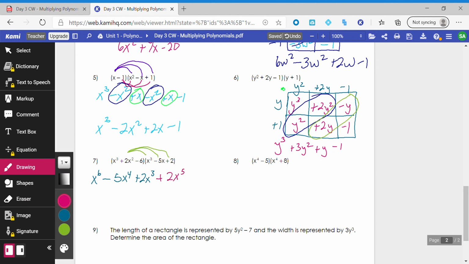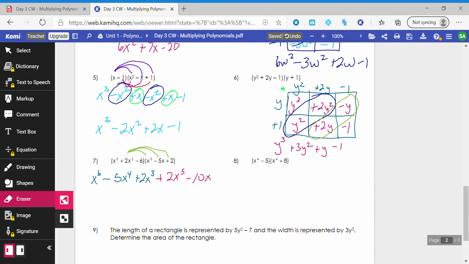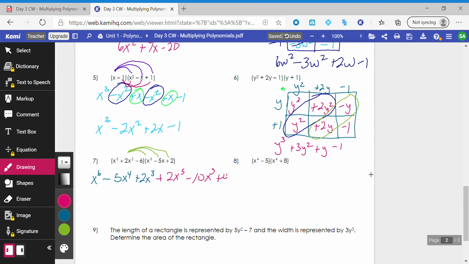After we add our exponents, now we can multiply the 2x squared times the negative 5x. This is where I get the minus 10. X squared times x gives me x to the 3rd. 2 plus 1 gives me 3. And then 2x squared times 2, so plus 4x squared.